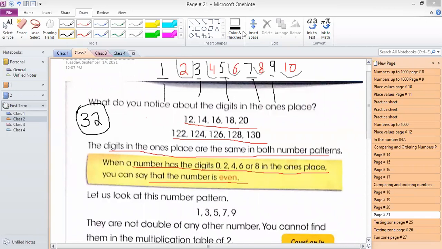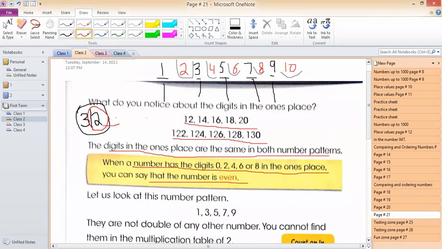Even. This is not an odd number. I told you how to check an even number or an odd number. For that, you need to check the last digit. The last digit of this 32 is 2. 2 is divisible by 2. 2 comes in the table of 2.